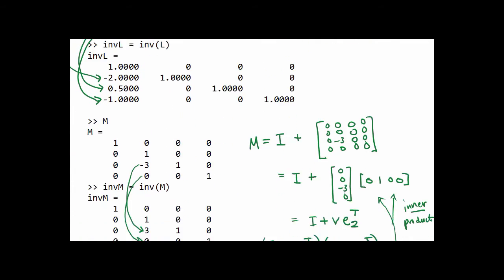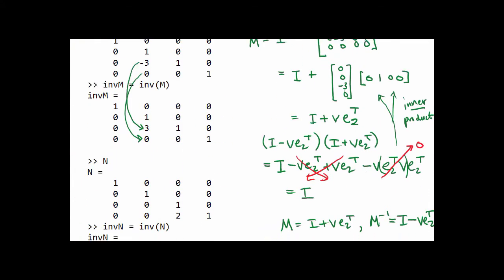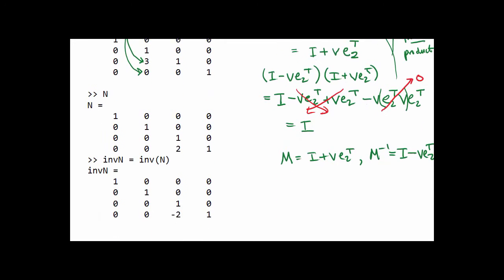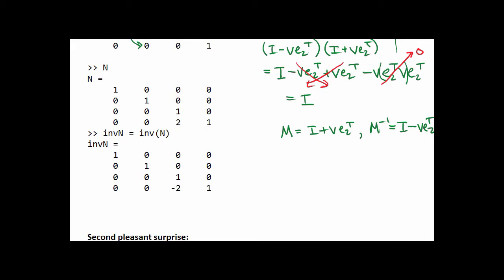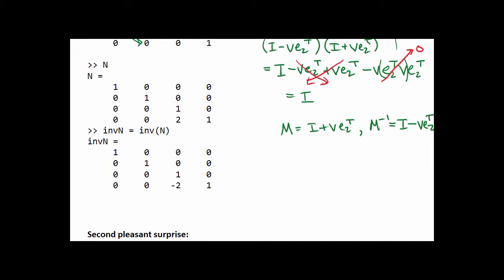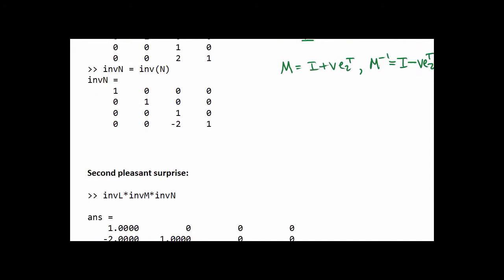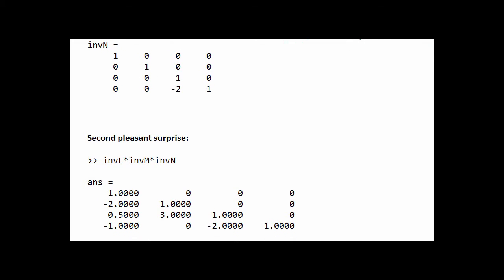So remember, the inverse of L, the inverse of M, and the inverse of N are each very simple, they're differing from the identity in just 1 column each. When we multiply them together, all we do is put those triangular elements together.